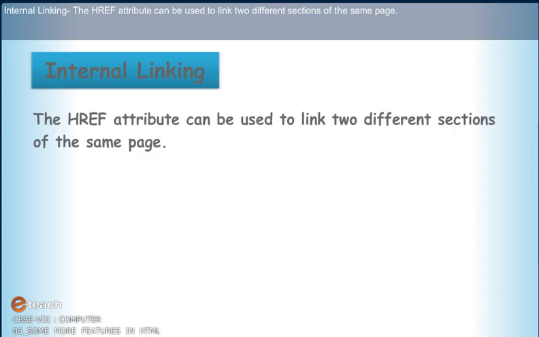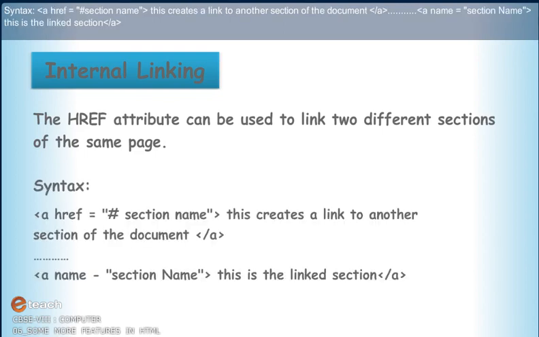Internal linking. The href attribute can be used to link two different sections of the same page. Syntax: open tag A href is equal to section name, close tag. This creates a link to another section of the document.